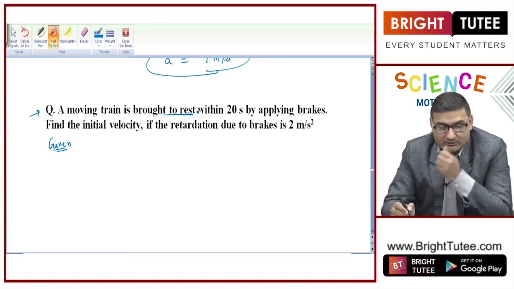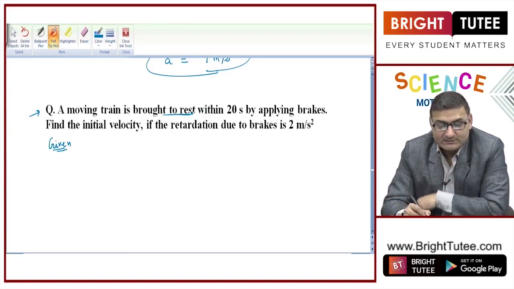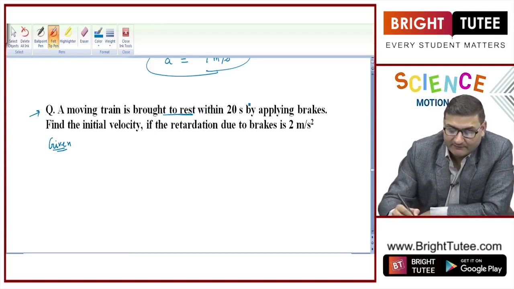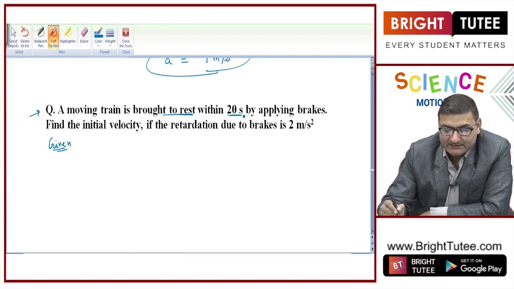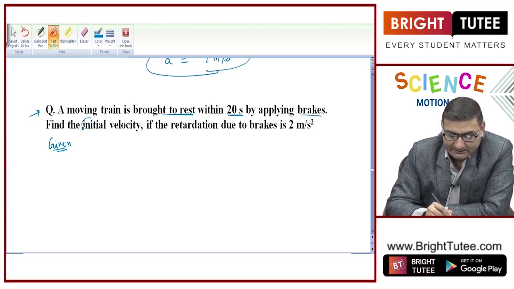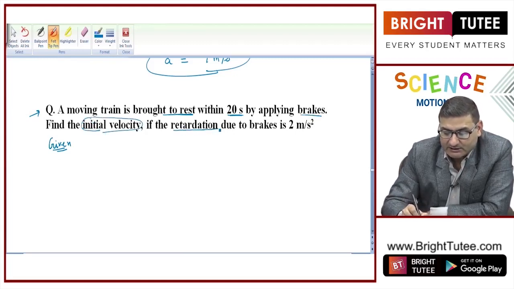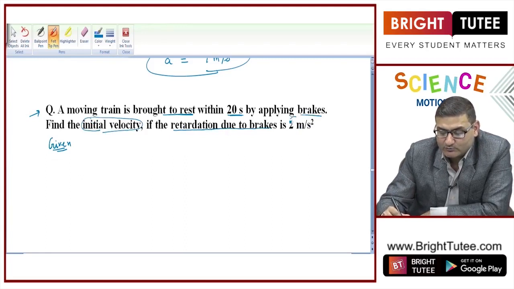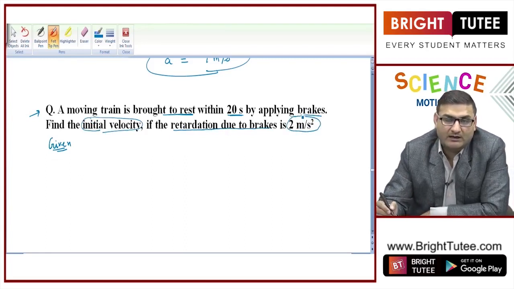A train was moving and it stops. It is brought to rest within 20 seconds by applying brakes. Find the initial velocity if the retardation due to brakes is 2 meters per second square.